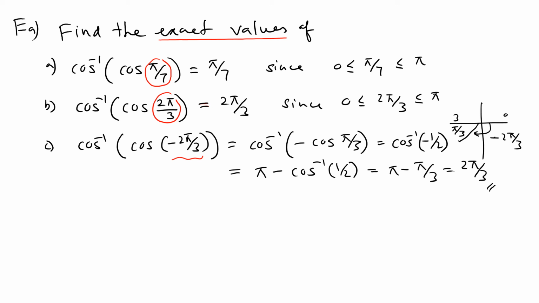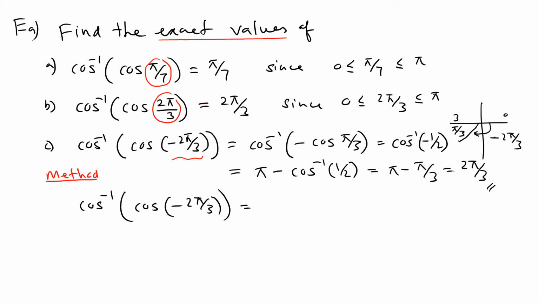So what we did is evaluate the inside first, and then look at the inverse function. Now let's look at method 2. In method 2, we use the property that cosine is an even function. So this is cosine of negative 2 pi over 3.